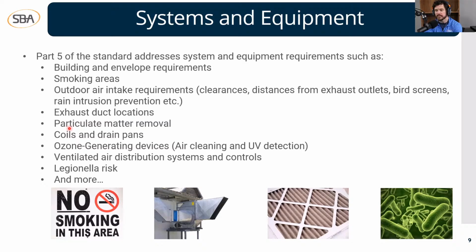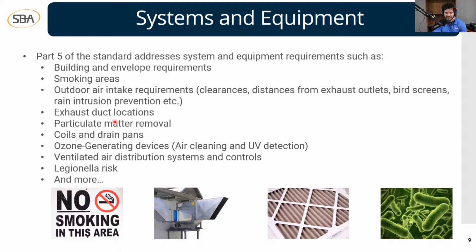We have our particulate matter removal, our coils and drain pans, our ozone generating devices, so that's our air cleaning, and our UV detection. We have our ventilated air distribution systems and controls, our Legionella risk, and there's a lot more on top of that. Let's break down a few of the highlights.